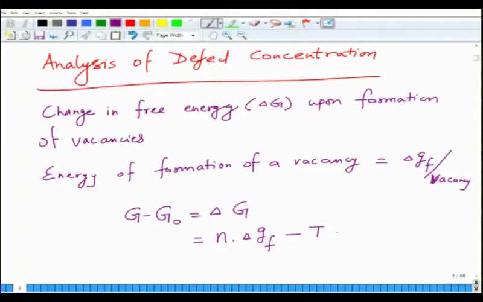Minus T delta S, and this delta S is the change in the configurational entropy. When you introduce vacancies in a material, predominantly you are changing the configurational entropy, because since you have one vacant place, the atoms can be put into various configurations.